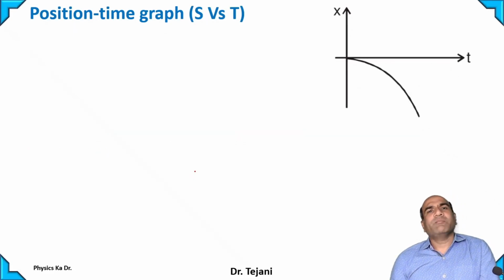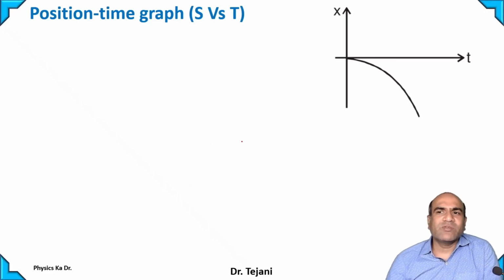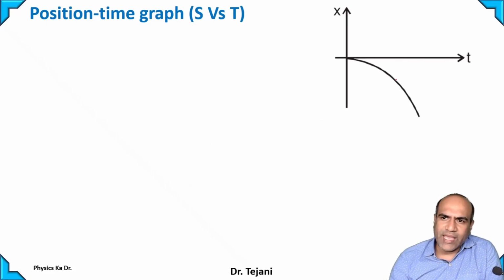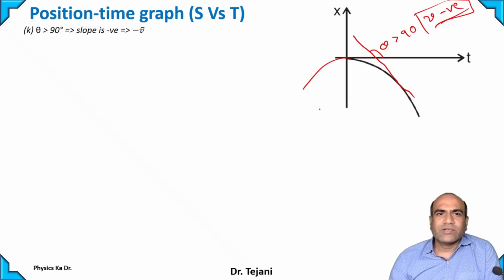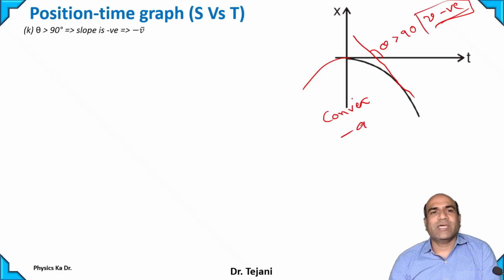Oh, one more example. So what is our first check? First check is the angle, tangent. Can I say theta is greater than 90 degrees? Yes, sir. That means velocity is negative. Slope is negative, so velocity is negative. Second, shape is convex, which means acceleration is negative.